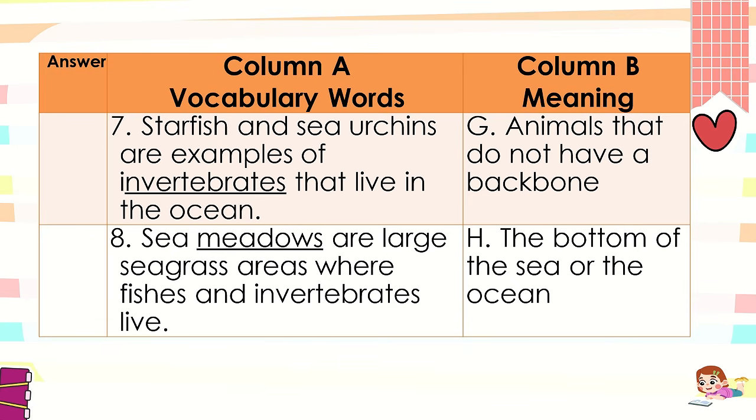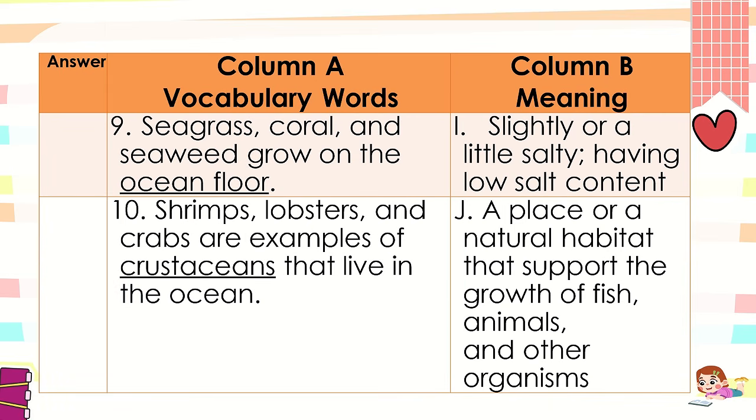Number 8, sea meadows are large seagrass areas where fishes and invertebrates live. For the meanings, letter G, animals that do not have a backbone. H, the bottom of the sea or the ocean. Number 9, seagrass, coral, and seaweed grow on the ocean floor.